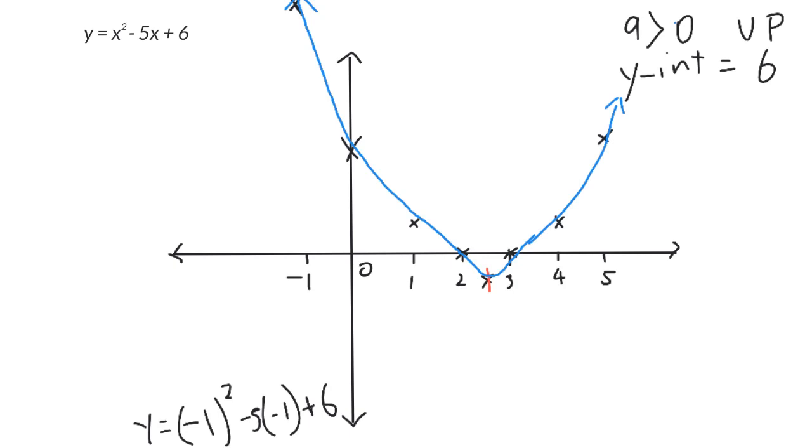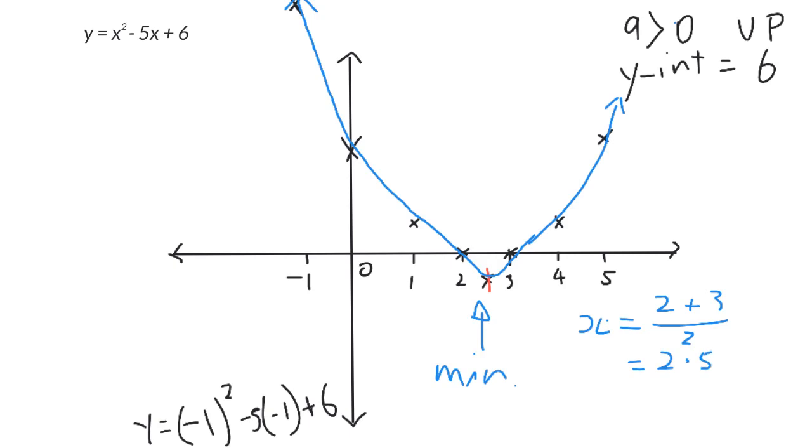Now to find this turning point down here, it is a minimum turning point. It is a minimum turning point because we have a curve that is concave up. That minimum turning point is going to be halfway between those two x-intercepts. So if I take halfway, the average of 2 plus 3, it's going to be at x equals 2 plus 3 over 2, which is 2.5.